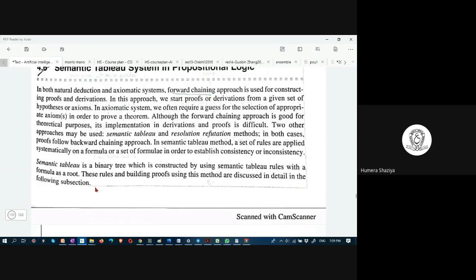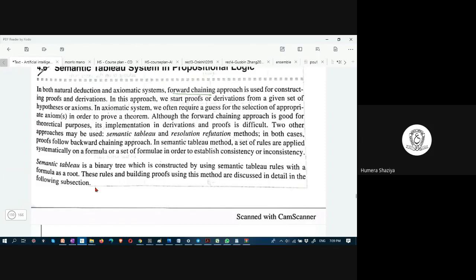In this method, the proof progresses as follows: start with the theorem, apply the rules and other properties to get the derivative.